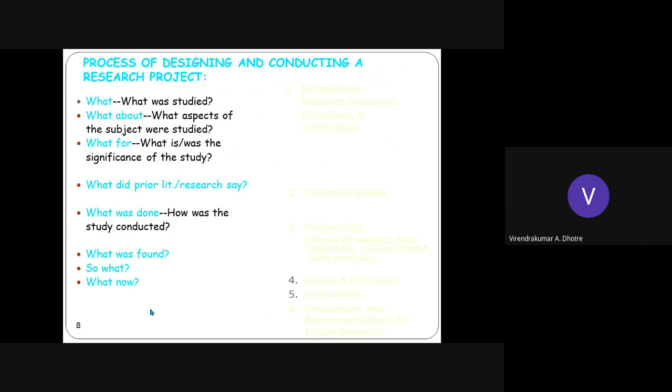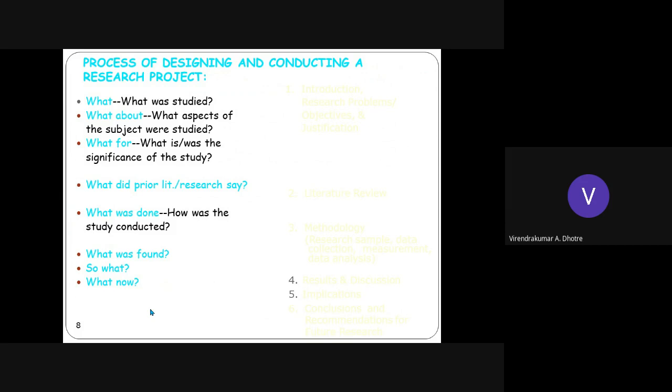What for? What was the significance of the study, which will give you the objectives of your study? What did prior literature or research say? This is a literature survey where we get the information on what we know until now, what is unknown, and we can define what is unknown, or we can do the process to identify it.